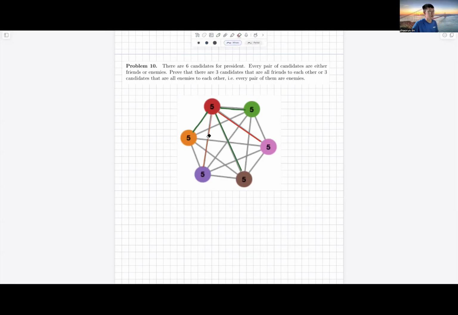So let me now just remove these two edges. Let's consider this candidate, candidate A. It has three edges going out, and let's call the other three B, C, and D. The way we prove this is that, let's call green friend, and red enemy.